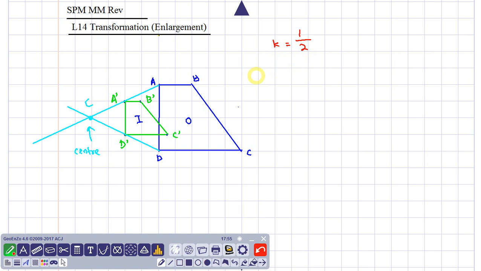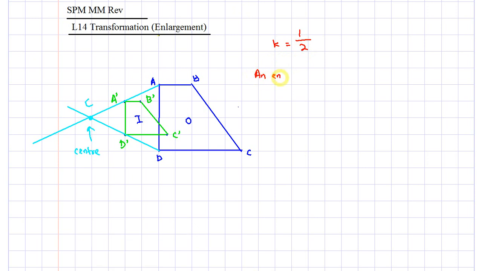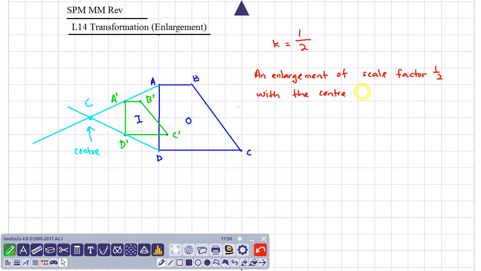So this is an enlargement of scale factor 1/2 with the center C. Remember, when you want to describe an enlargement, you need to mention scale factor and also the center.